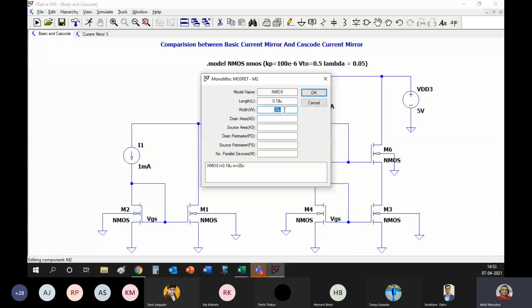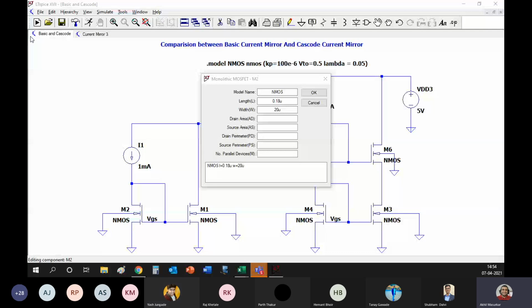Okay, Yash. After that lambda, just put a bracket.